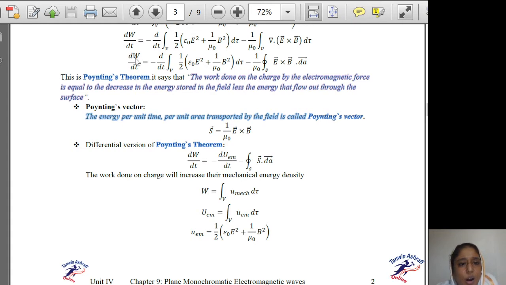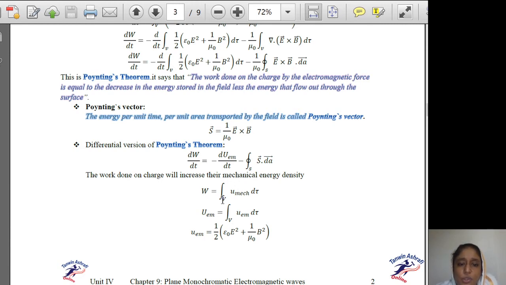Now what we got, dW by dt, is equal to minus d by dt of U_m, that is the energy of the electromagnetic field, minus this 1 upon mu naught E cross B, which is nothing but S dA. The work done on the charge will increase when the mechanical energy density increases.